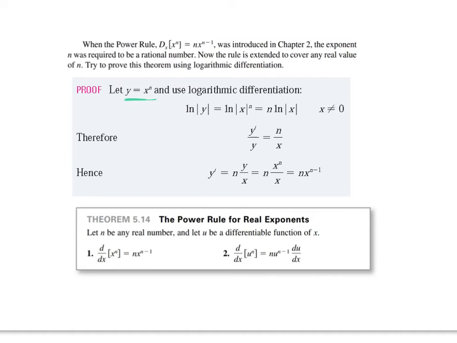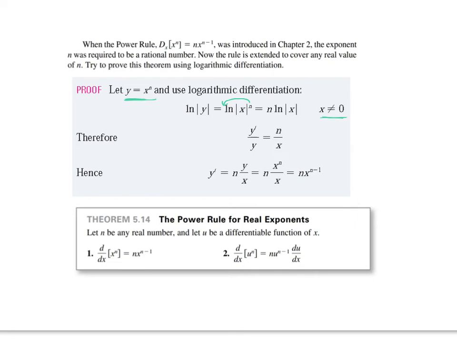So we take the natural log, we split it up into smaller, better looking stuff. So take the natural log of both sides and the power rule tells us we can move the n out in front as long as the input is not zero and not negative. Of course, that's why they put the absolute value in there.